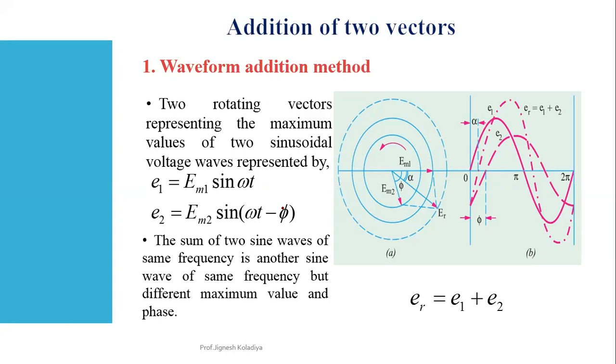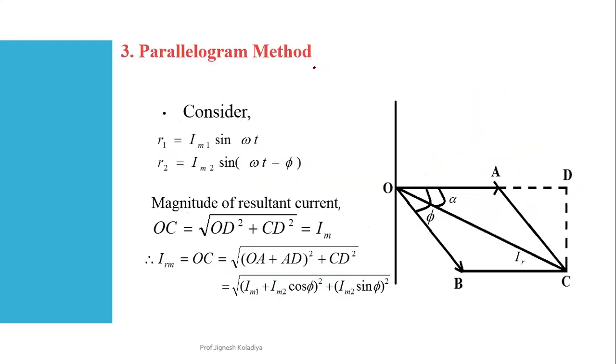So in order to find the vector addition of two or more vectors, we have different methods available. Like waveform addition, the first method. Then we have the parallelogram method, the second one.